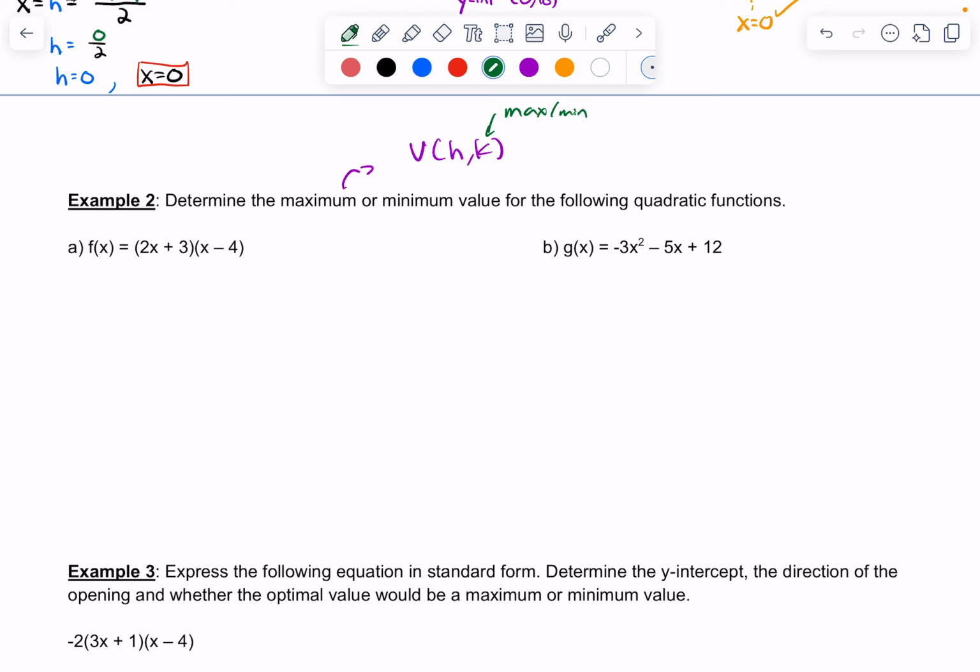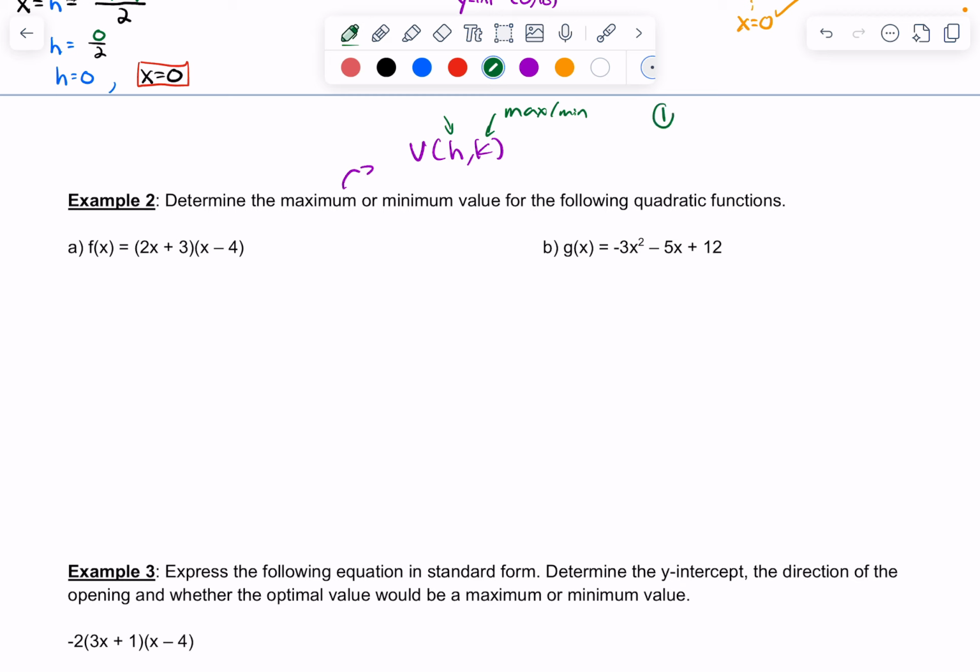So if you think about how we go about doing that, think from the beginning. What is the step you need to do? Well, in order to find k, you need to find h. All right, so how do we find h? Well, in order to find h, you need to find your intercepts.